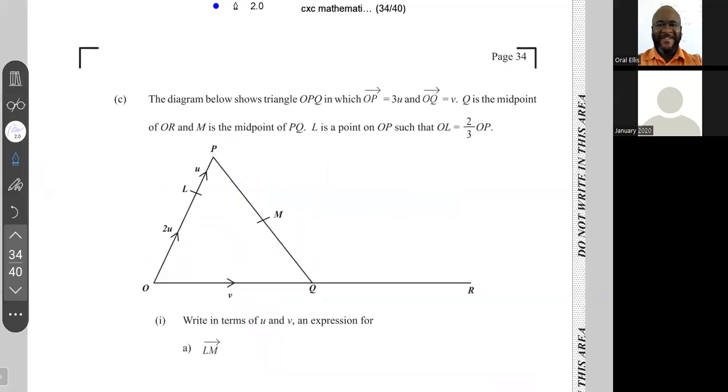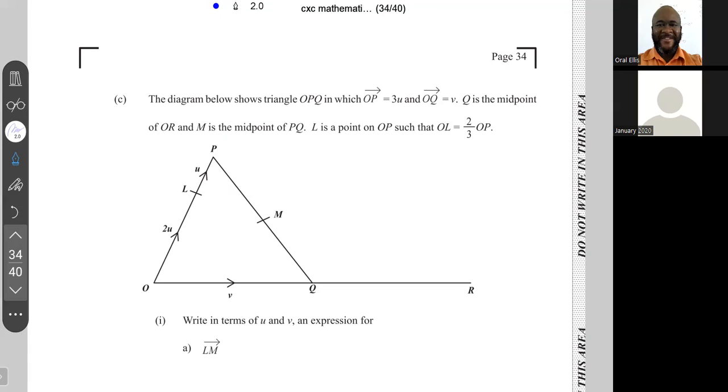All right, so the C part is vectors. It says the diagram below shows triangle OPQ, in which OP is 3U, OQ is V, Q is the midpoint of OR, M is the midpoint of PQ, L is a point on OP such that OL is 2/3 of OP. So if L is 2/3, it means that LP is 1/3.